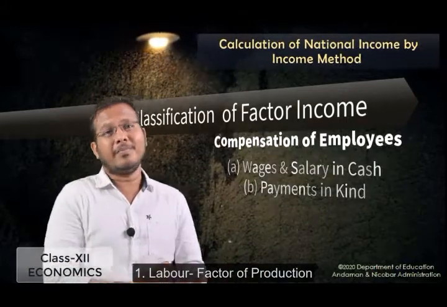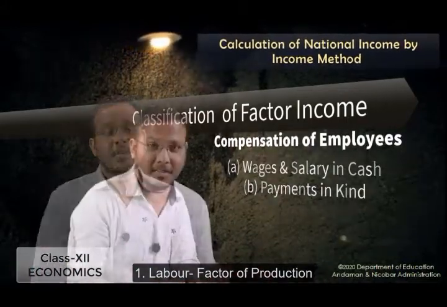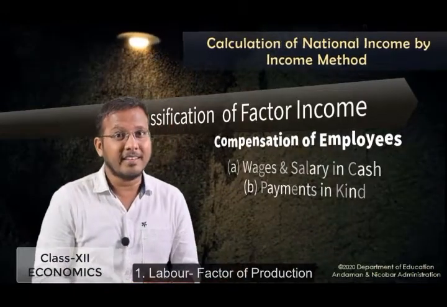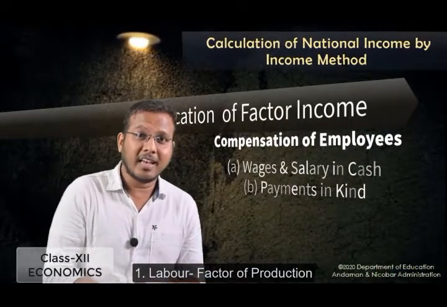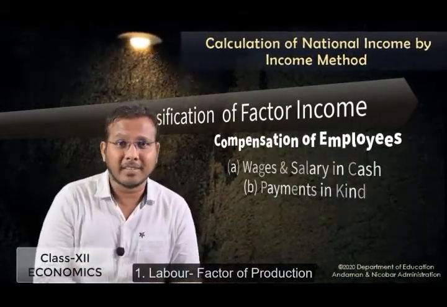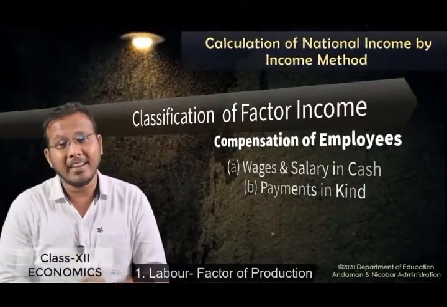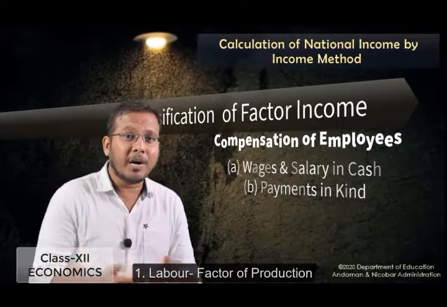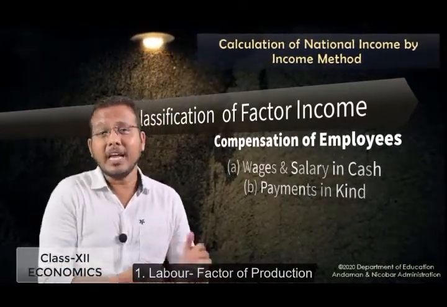Not only accommodation, even some employers give vehicle facilities, such as cars, bikes, scooters, and even computers and laptops. These payments made in kind are also included as part of the factor income of the laborers or employees.